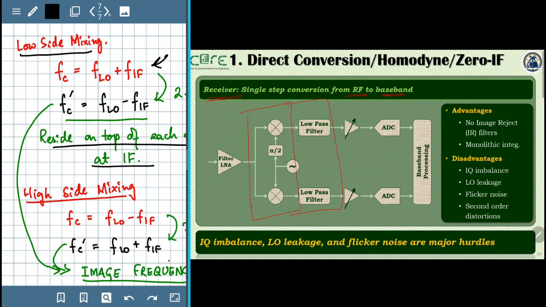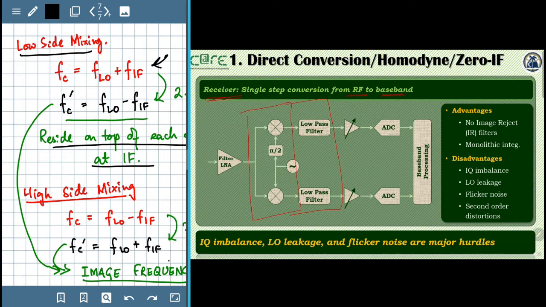So this operation basically converts the signal from the RF frequency region to the low pass baseband signal, and once that is done, the signal is fed to a variable gain amplifier, which then feeds the signal to the ADC, which samples and digitizes the signal and passes it on to the baseband signal processing platform.